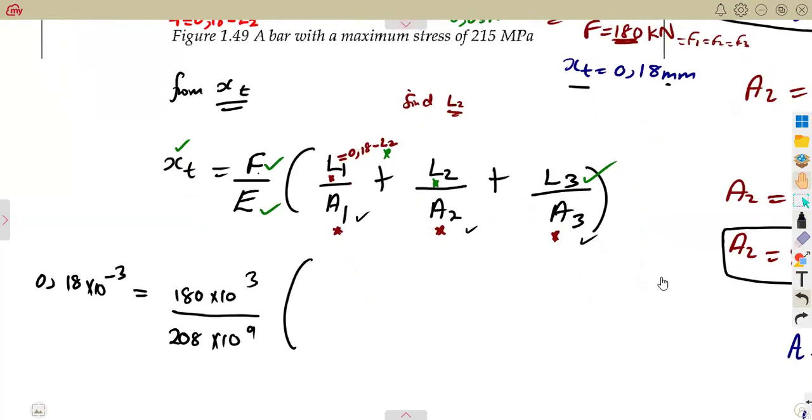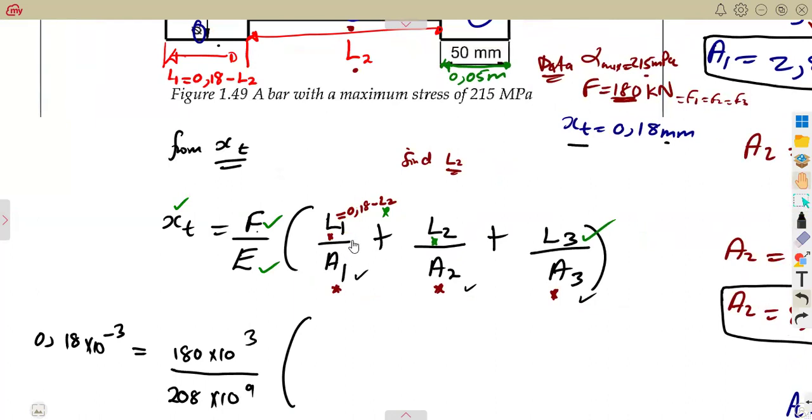You substitute now. We are supposed to substitute L1, but we cannot substitute L1 because you'll be having a lot of unknown values. That's why we have to write L1 in terms of what? In terms of L2. So L1 in terms of L2, remember we got this as what? 0.18 minus L2. We are writing in terms of L2 because we need L2, guys.